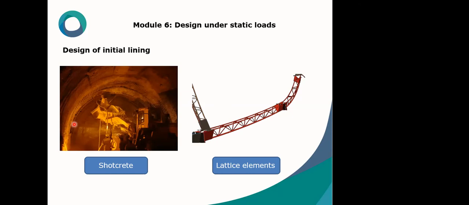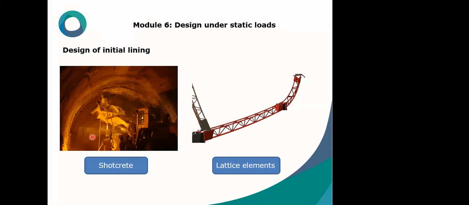This system has been evaluated and employed very well all around the world, and the lattices provide immediate support in an open span area. These elements are integrated in the shotcrete. Shotcrete means spray concrete. When I say shotcrete, I mean the spray concrete. As stated, we have a reinforced shotcrete element with a thickness of around 10 to 40 centimeters.